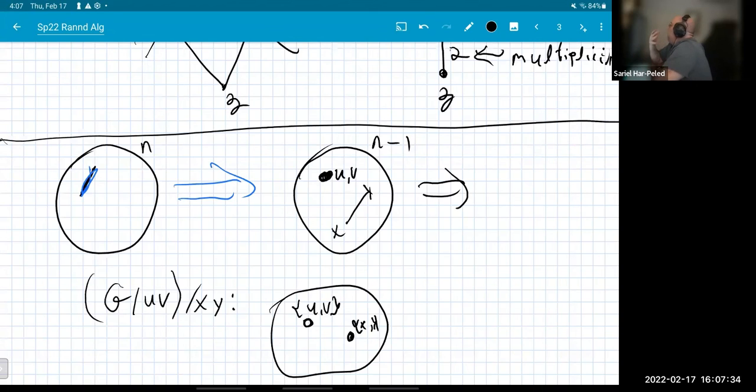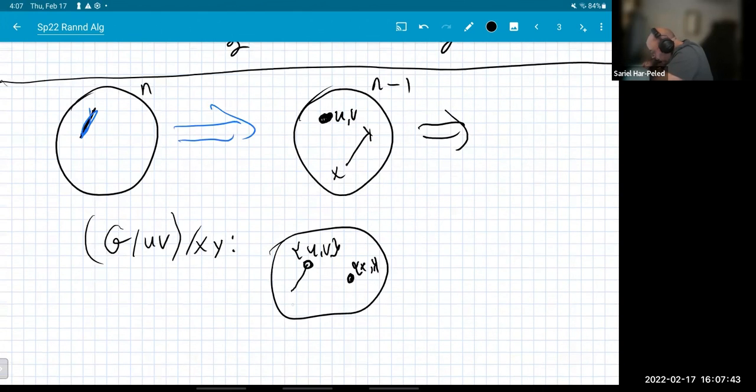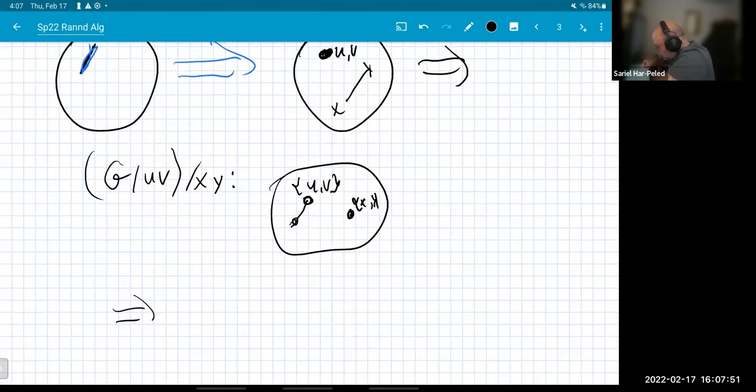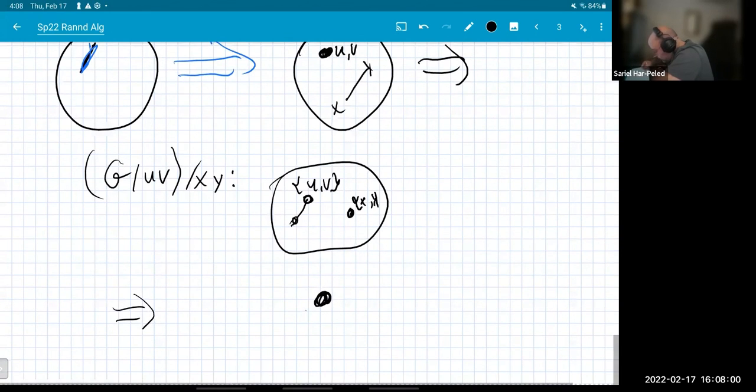And of course I can also contract from a regular vertex into one of those meta vertices. So I can continue this game, contracting until I have a graph which has only two vertices, right?